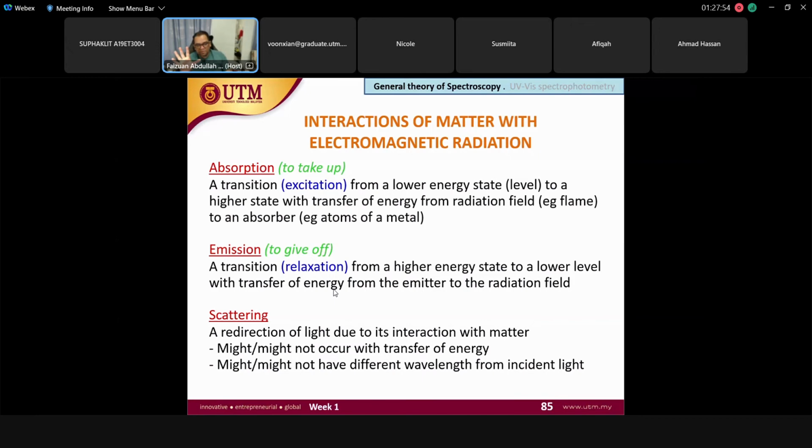We can measure how much energy has been absorbed, emitted, or scattered. The absorption of energy by lead, for example Pb, is different from the absorption of light by copper, for example Cu. That's why we can differentiate.